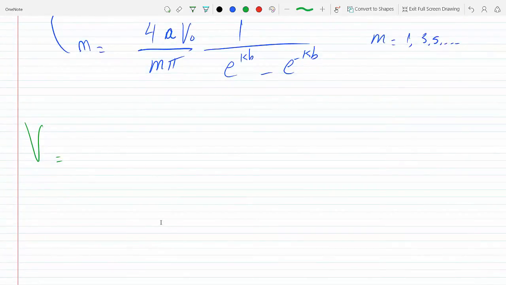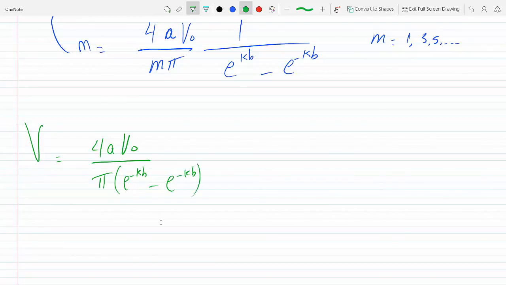yeah, so let me pull everything that doesn't have an m outside, pi, times e to the kb minus e to the minus kb, right?